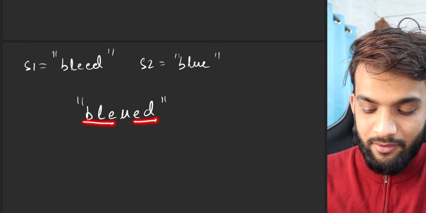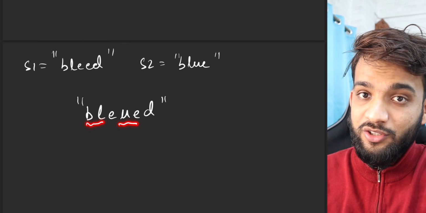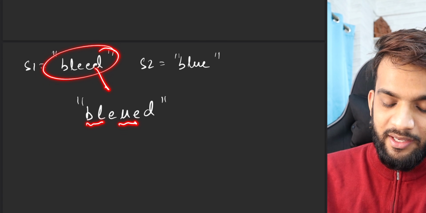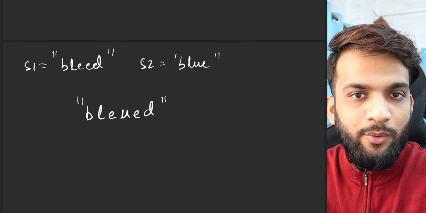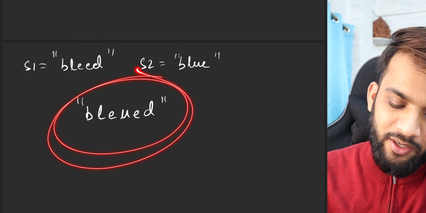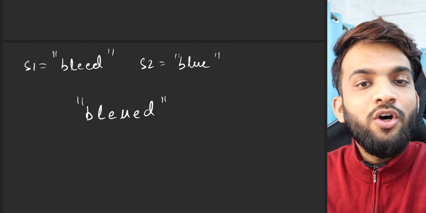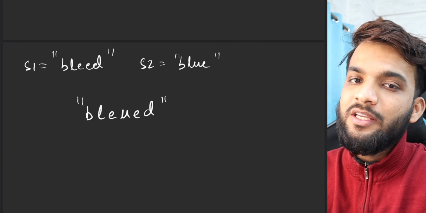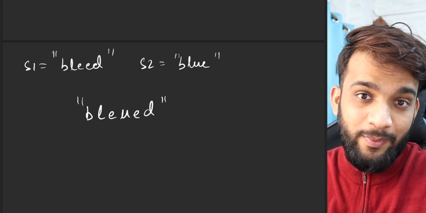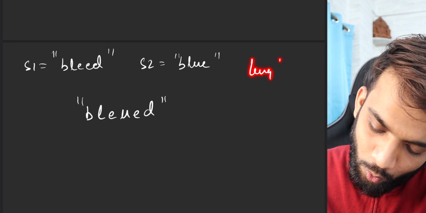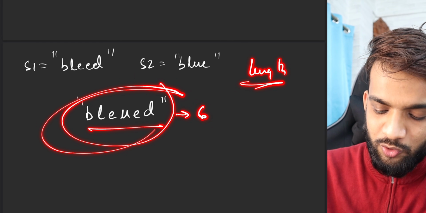B-L, yes, it is there. Is blue there? B-L-U-E, blue is also there. So bleed is there as a subsequence, and blue is also there as a subsequence. This is an entire string which contains S1 and S2, and thereby this is the shortest common super sequence. I want you to give me the shortest common super sequence length, which over here is 6, as well as the string.